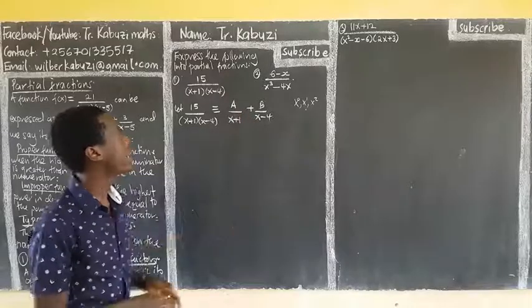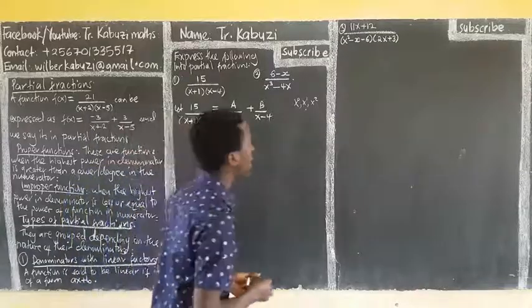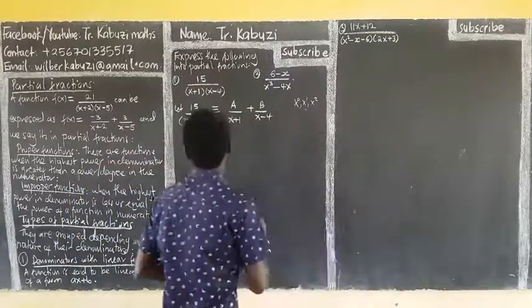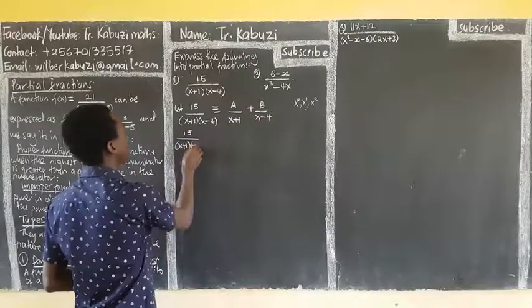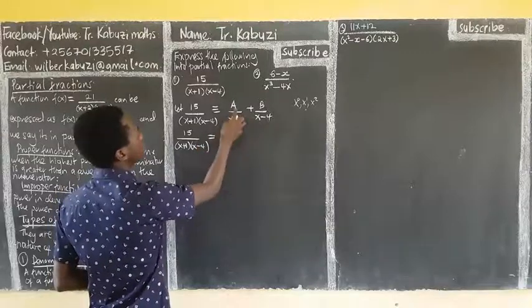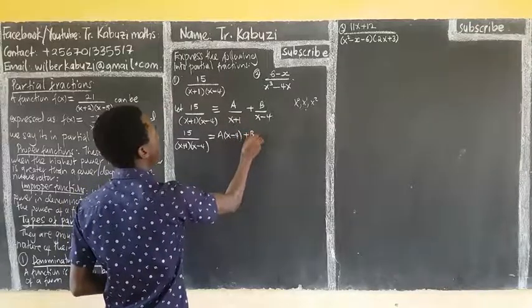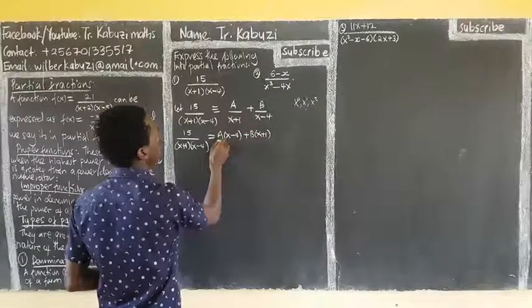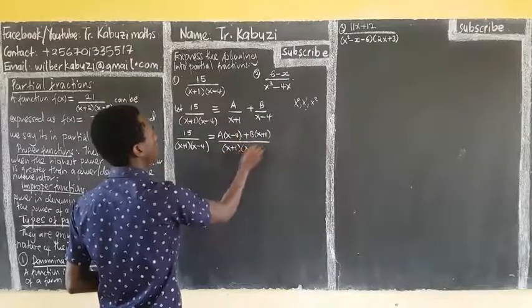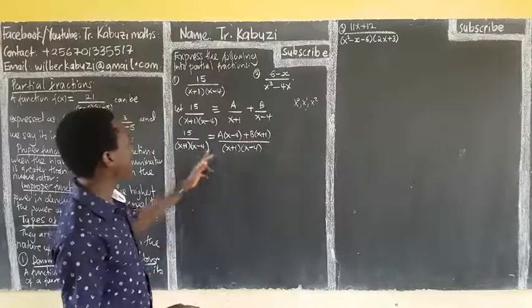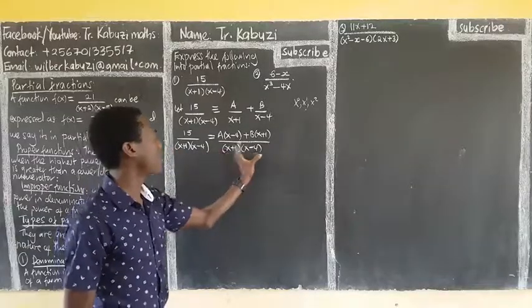So when I cross multiply, I'm going to be adding 15 over this times this, x minus 4, equaling to this. Now this and this, we can cancel them, because when multiplied by this, they are going to cancel.